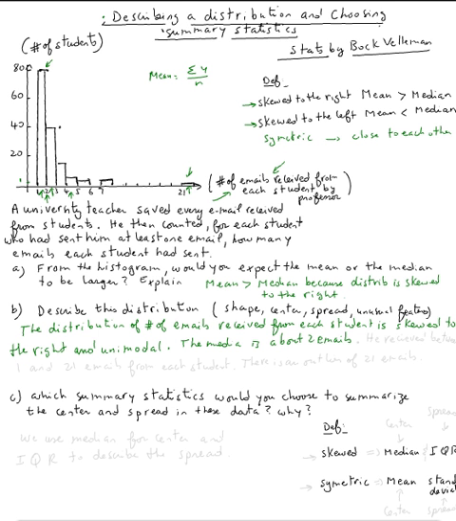What else? The spread, how many emails he received from students. He received between 1 and 21 emails from each student, and that's the range.